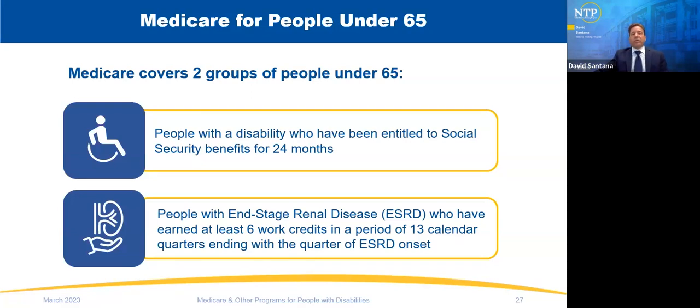Now, also individuals who are diagnosed with end-stage renal disease, regardless of their age, may qualify for Medicare if the individual, a spouse, or a dependent of a working person has the required amount of work credits.